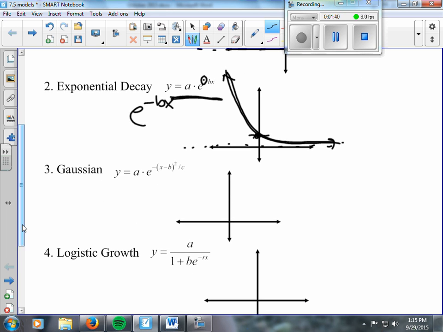We also have this model called a Gaussian exponential growth model. It's called a Gaussian model, but it's also called the bell curve. This is what people call the bell curve.